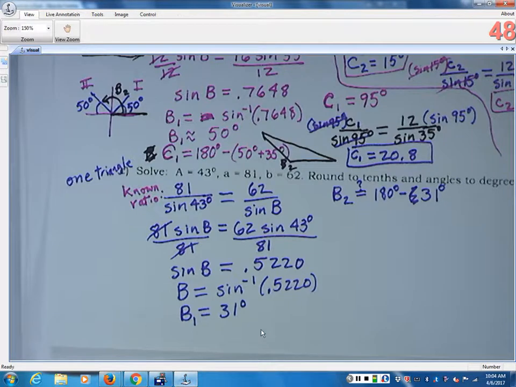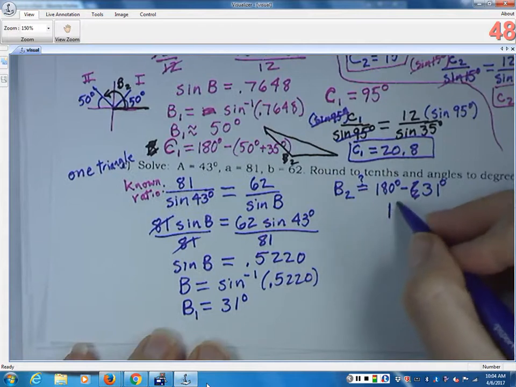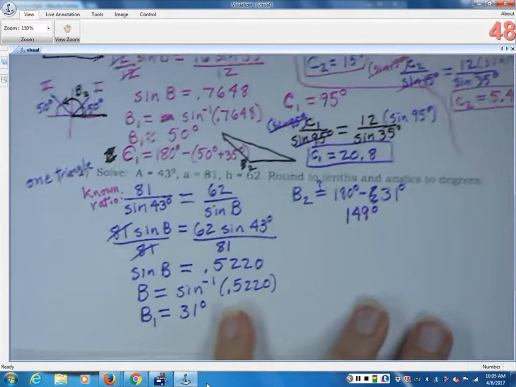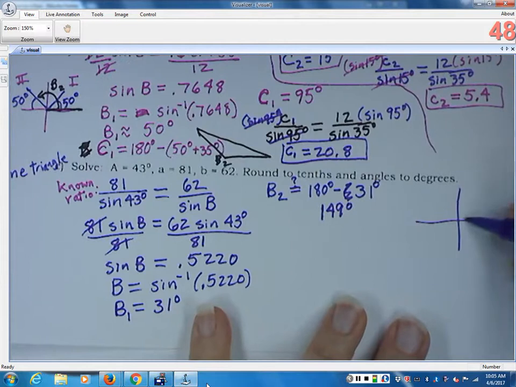Okay, so we take 180 minus 31, and we get 149, sorry, for B2, 149 degrees. So remember, we've got 31 degrees here.